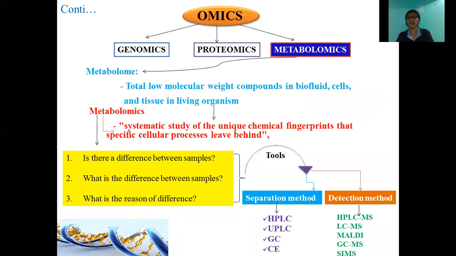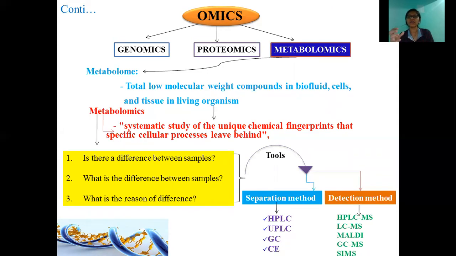The third important branch of omics is metabolomics. In metabolomics, you identify the physiological state of an individual or a particular tissue. For example, in a leaf, you want to identify what kinds of metabolites are being synthesized right now, or what kind of metabolic pathway is active in the cell.